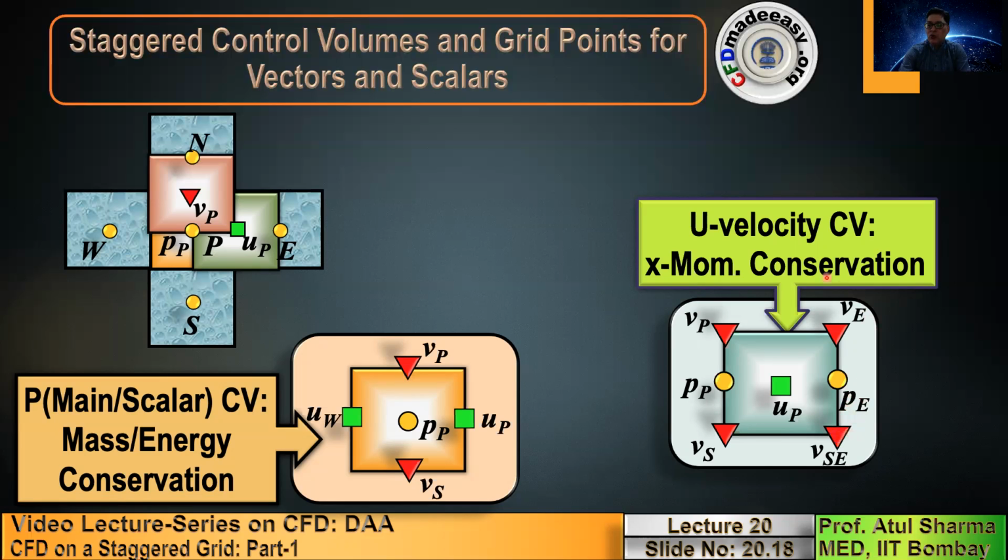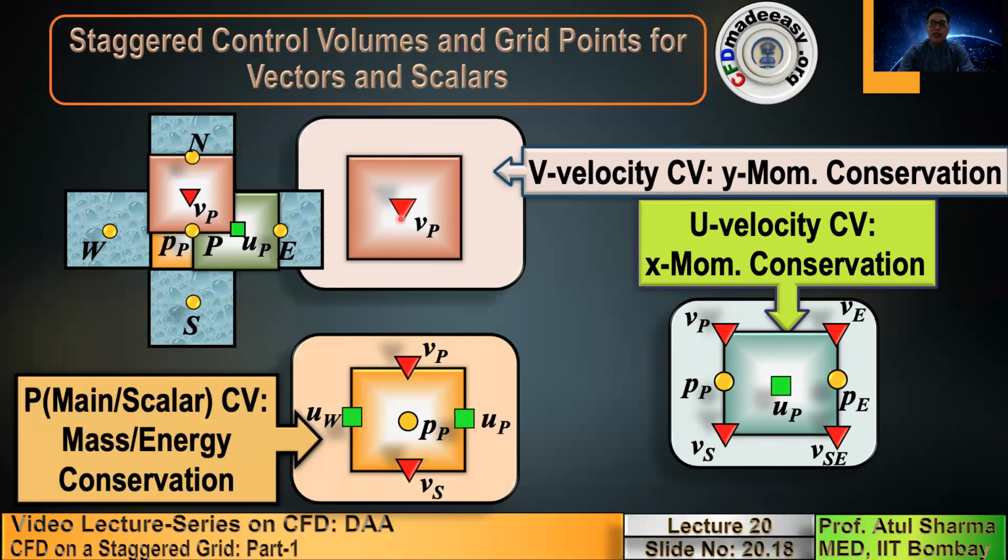So I am showing you a control volume along with all the pixels or grid points that are associated with that control volume. You can see that the normal velocities for the P control volume, the pressure control volume, lie on the face centers. And on a U velocity control volume, which is applied for mass conservation, the pressure lies on the vertical face center, and the V velocity lies at the corners.